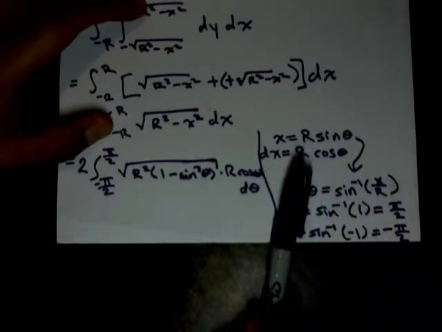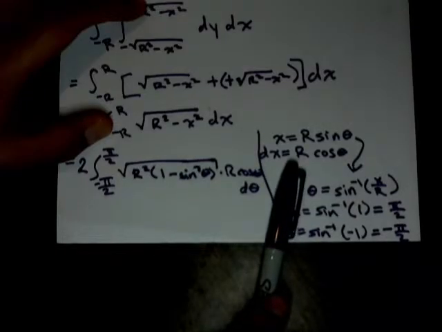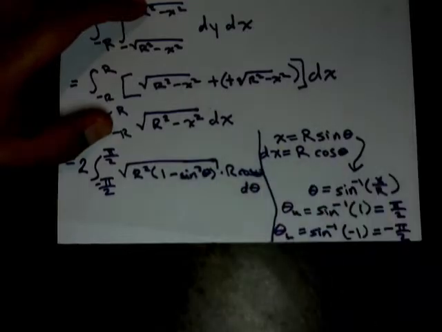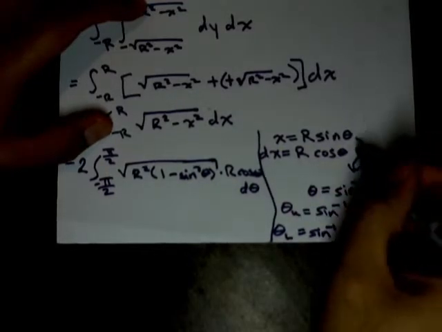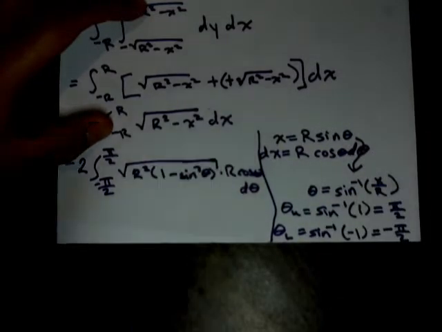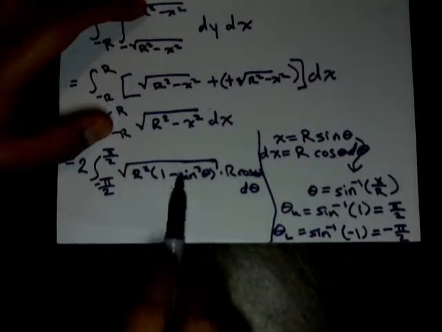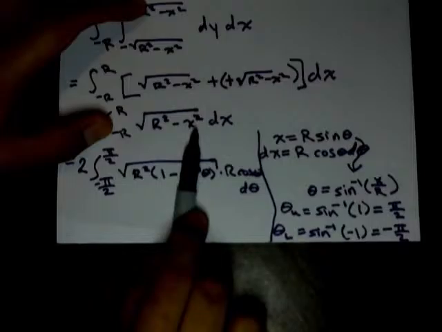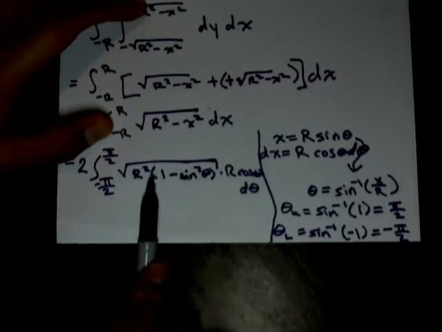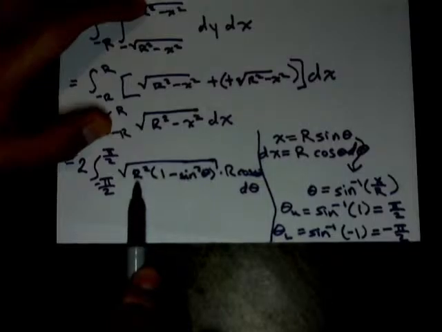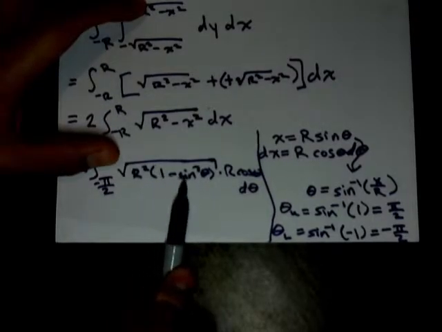And we're just going to plug in our differential dx. We're going to substitute this value. And of course, there's a d theta there. And right here, we're going to end up getting an r squared times sine squared theta. So we're going to factor out this r squared, and we got 1 minus sine squared.